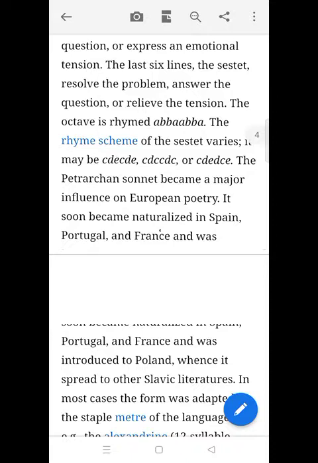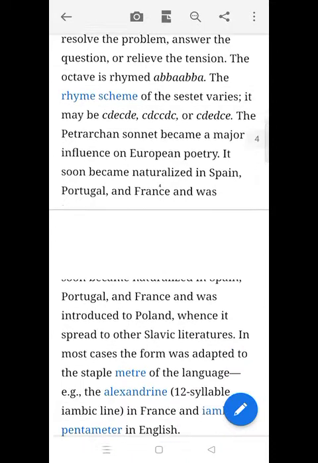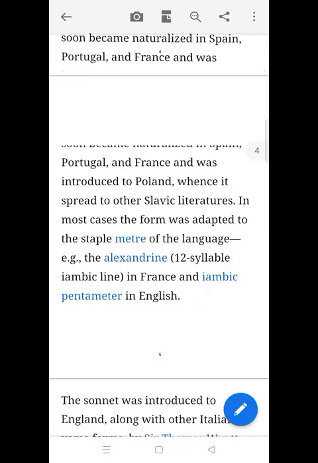It soon became naturalized in Spain, Portugal, and France, and was introduced to Poland also, whence it spread to other Slavic literatures. In most cases, the form was adapted to the staple meter of the language, that is the Alexandrine. Alexandrine means a 12-syllable iambic line in France, and iambic pentameter in English.